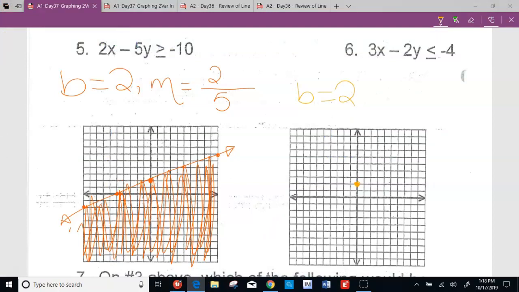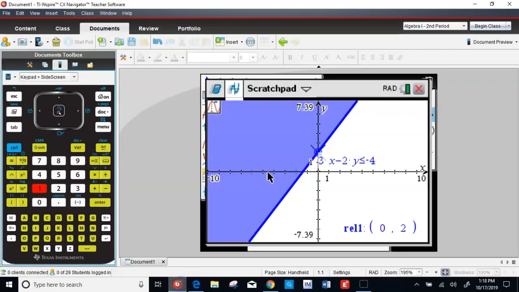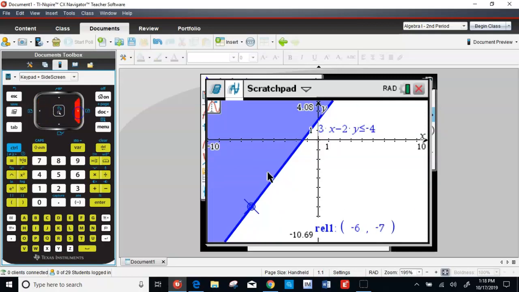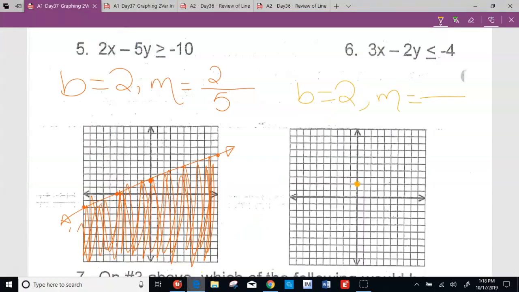All I need now is one more good point so I can find the slope. I'll start going to my left and see if I get anywhere. I'm getting 10 decimals so far. I might have to go the other way if I don't find anything here. There's one. Negative 6, negative 7. That one showed up, and it will fit on my grid.